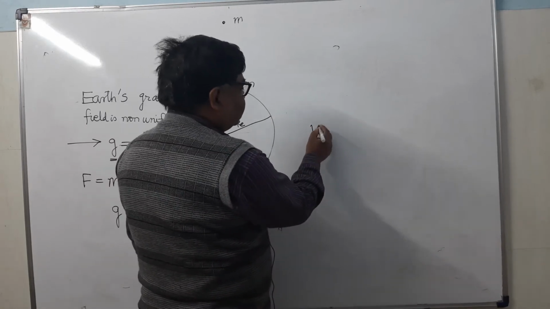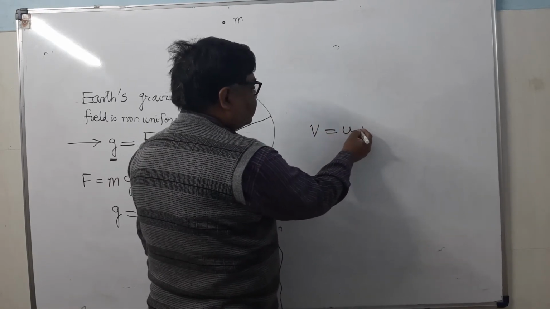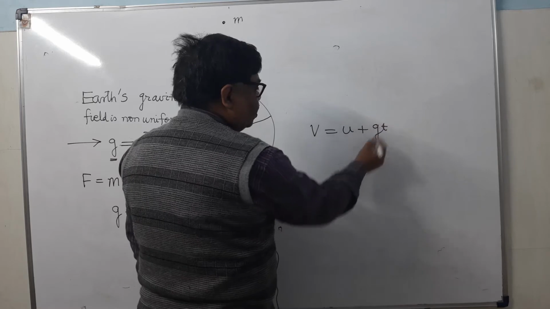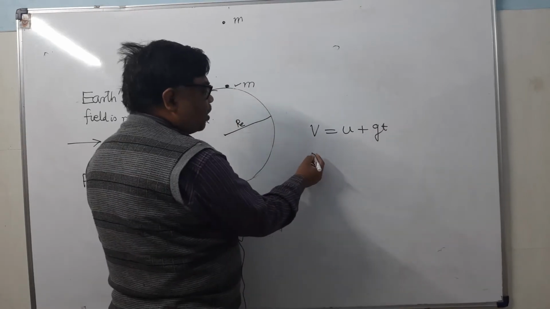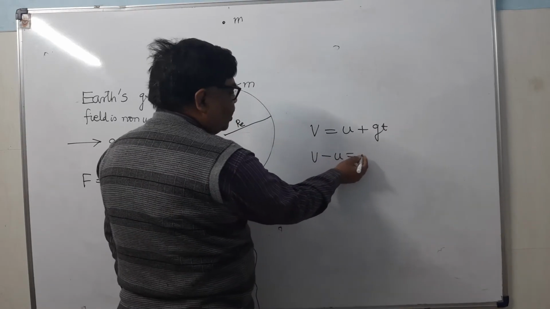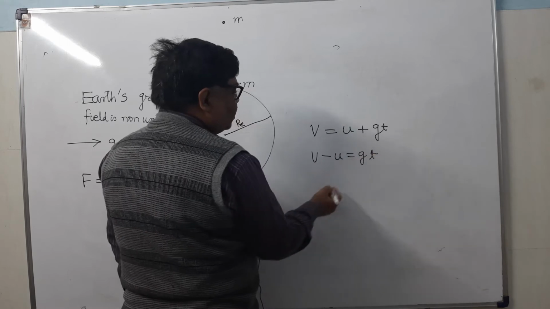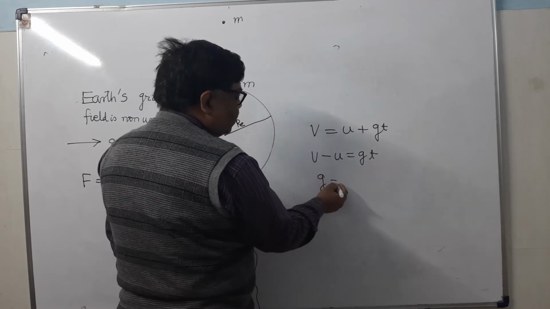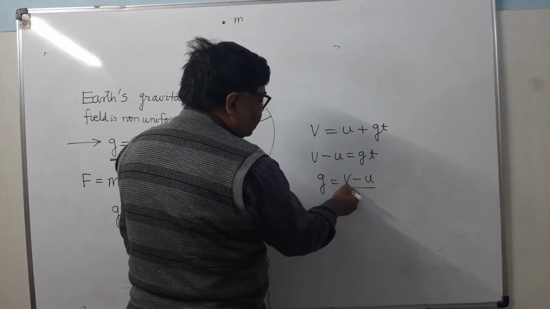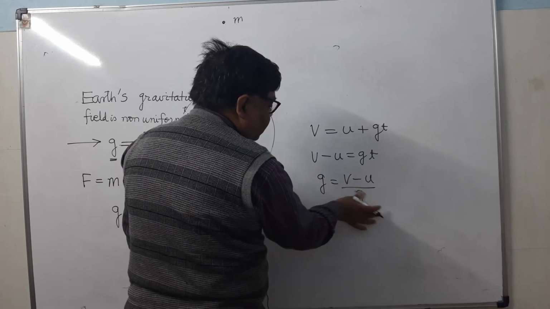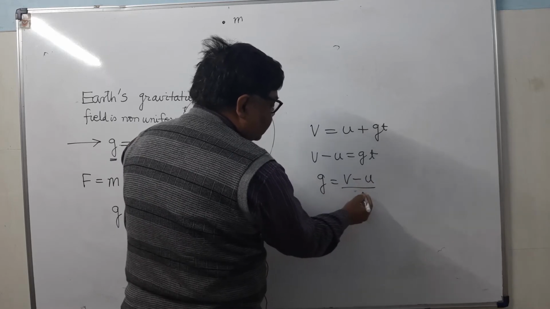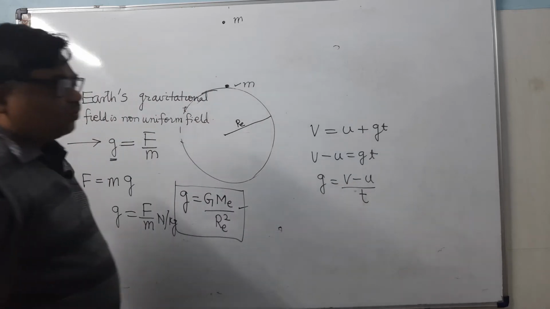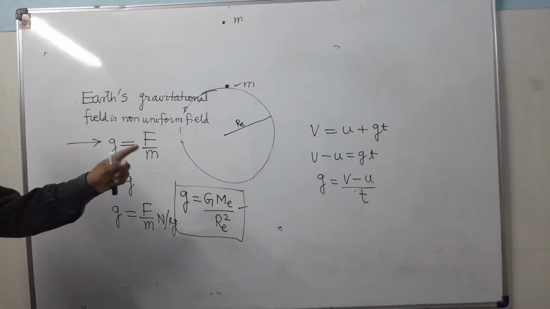Because this is the first equation of motion, v equals u plus gt. So what will be v minus u? It will be g into t. So what is g? It is (v minus u) upon t. That is, it is the change in velocity of a freely falling body.